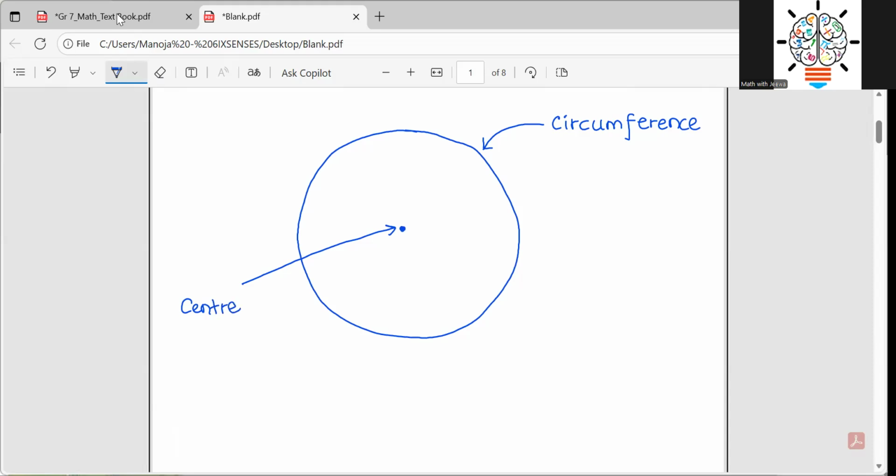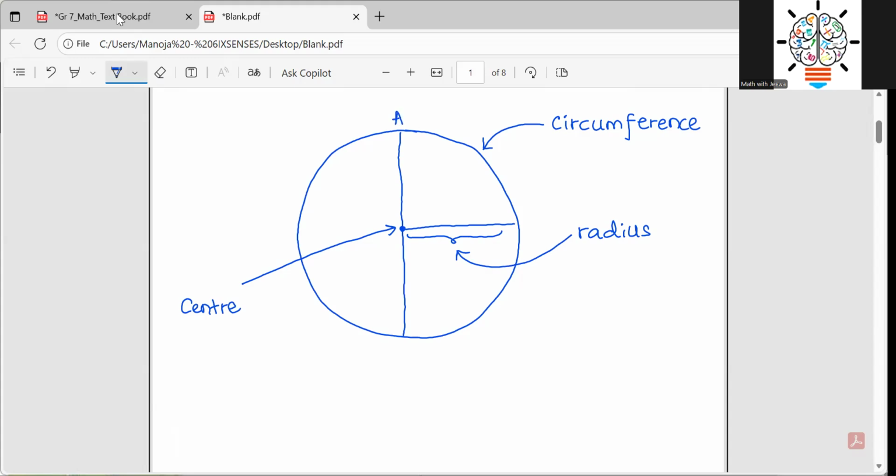From the center to the circumference, we call this the radius, R. From here to here, it is radius. From here to here, again it is radius.